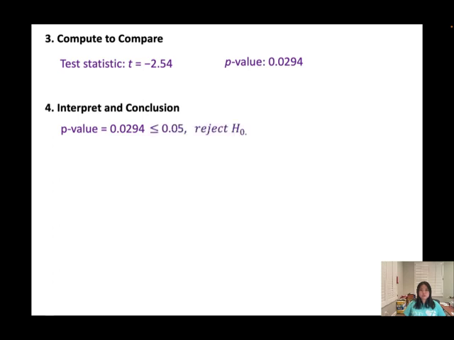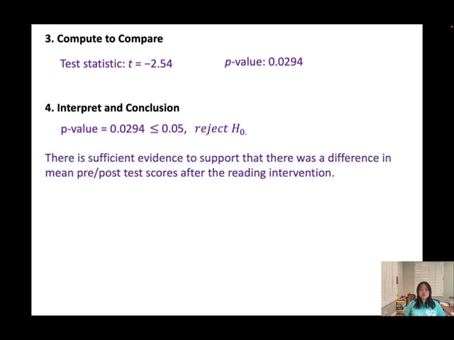That will be reject the null hypothesis, and say there is sufficient evidence to support that there was a difference in mean pre-test and post-test scores after the reading intervention. It matches the confidence interval because they are not equal to each other.